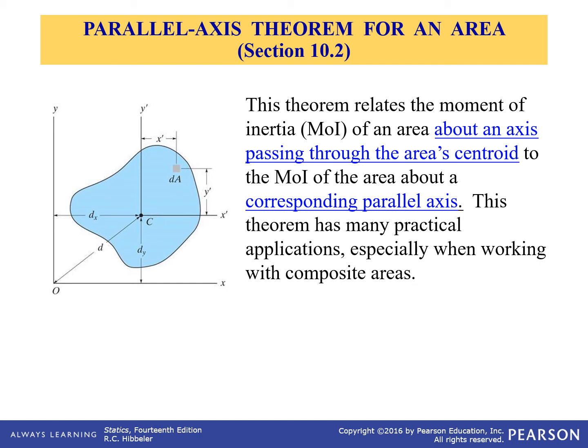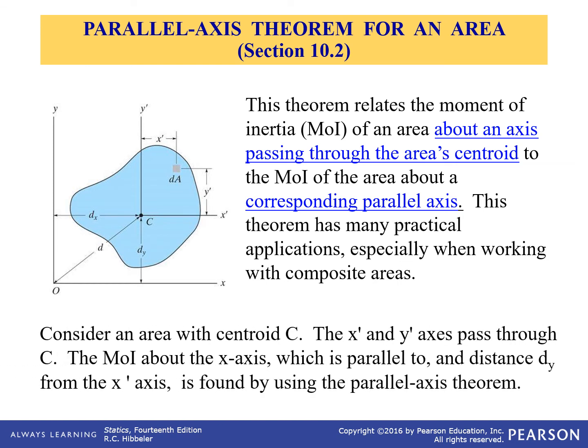What we can do is find that from the parallel axis theorem. Because of that area going through that axis, we could find it through a parallel axis, and that's what the parallel axis theorem allows us to do. Very handy when we get to the tables, which you'll see in a little bit.